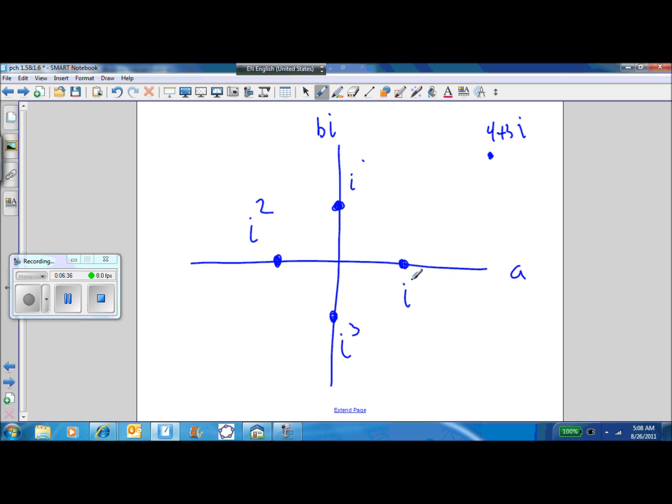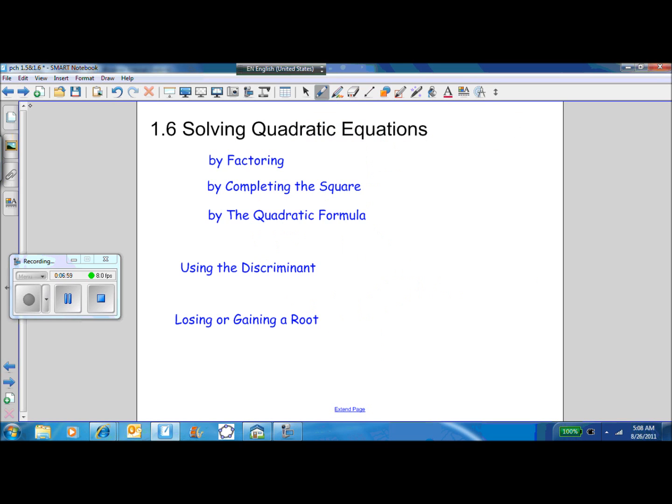Here's i to the fourth. Here's i to the fifth, and i to the sixth, and i to the seventh, and i to the eighth. And I think you start seeing the pattern. Keep going round and round the circle. And later on we'll talk about more powers of i, and we'll use de Moivre's theorem to expand things out in polar coordinates.